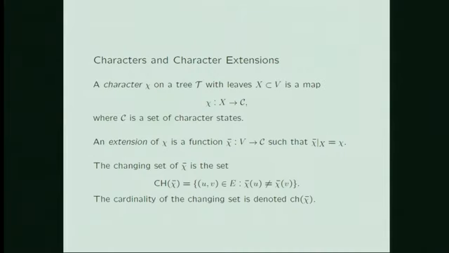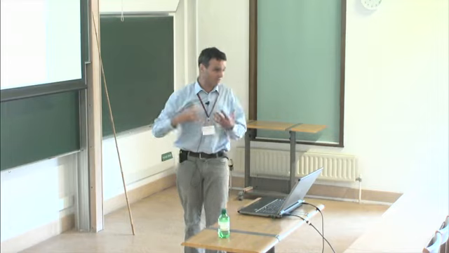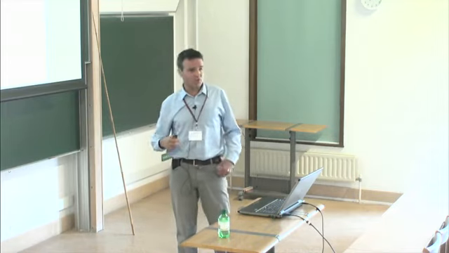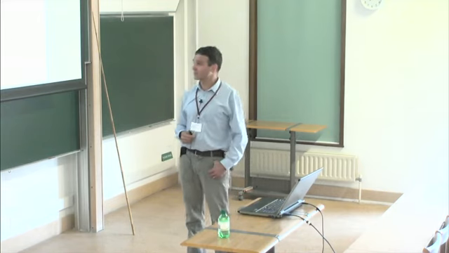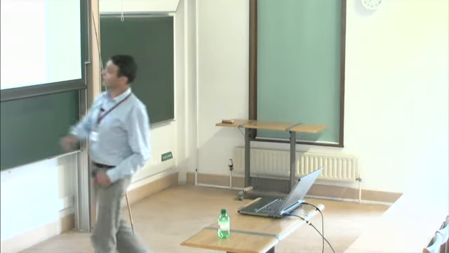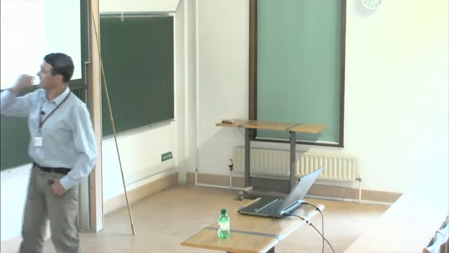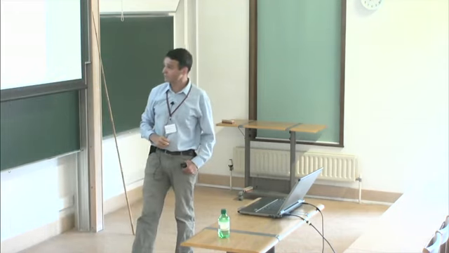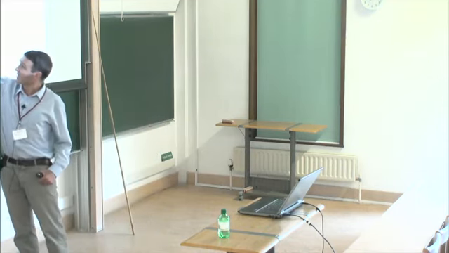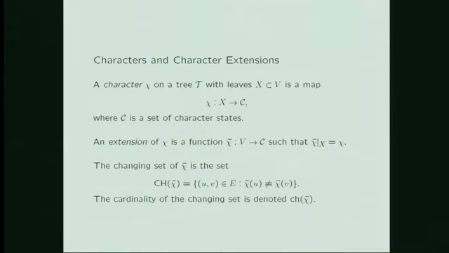So chi bar is an extension of chi if when you restrict it to the leaves, you get back chi. And then you can count the number of changes that you observe for such a character extension. So you look at all edges u, v, where u and v are nodes in this graph, and you count the number of edges where you have 2 different characters on adjacent nodes.